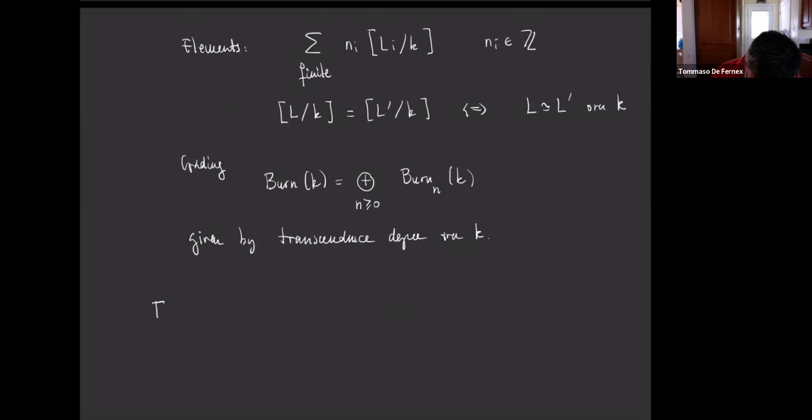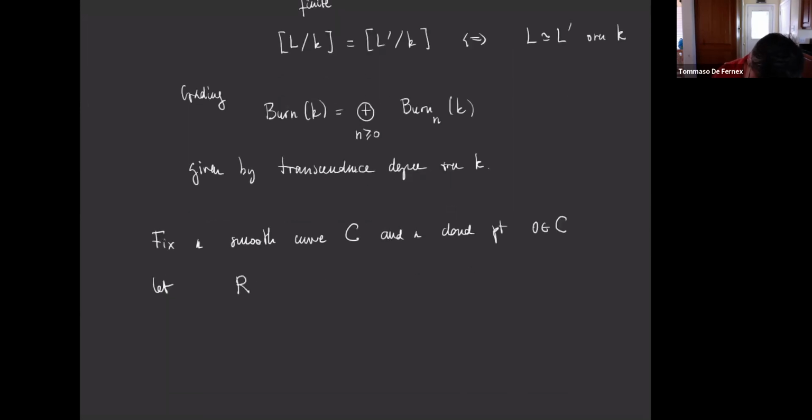Okay. So now let me fix a smooth curve in a closed point. I'm going to let R be the local ring and K be the function field.